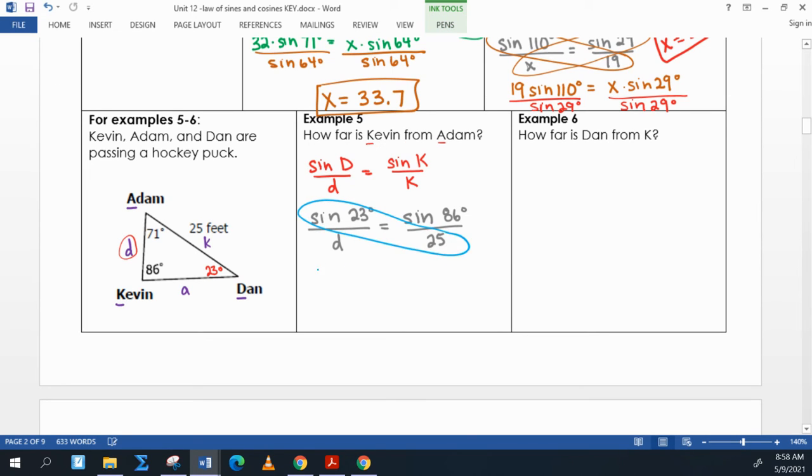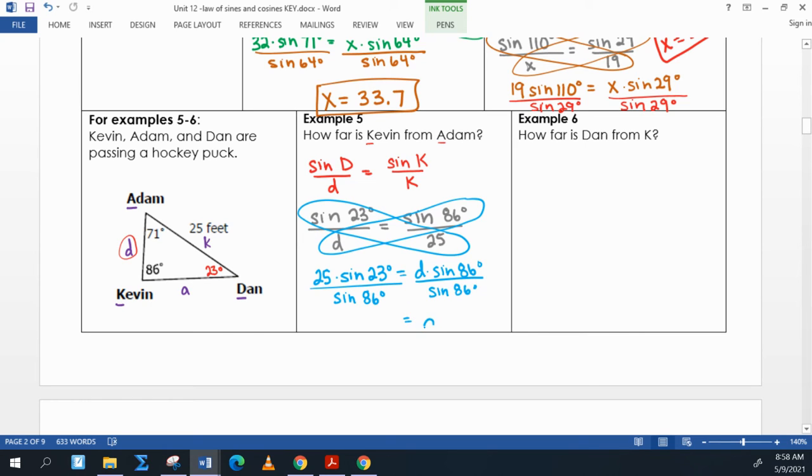So we've got this 25 times the sine of 23 degrees is equal to, over here, D times the sine of 86 degrees. And just go ahead and get that D by itself. So we're going to divide by its friend sine of 86 right there.